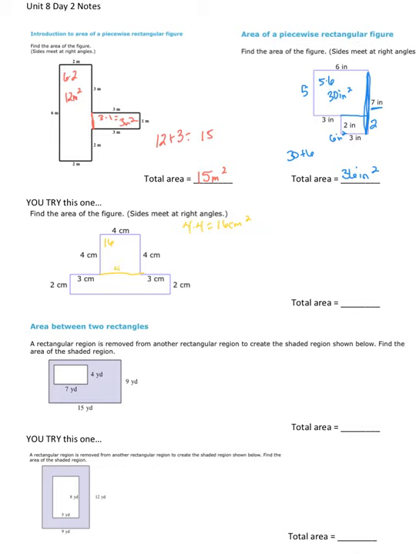This entire side length is 3 plus 4 plus 3 equals 10. So this whole side is 10. So 2 times 10 equals 20. Total area is 36 centimeters squared.